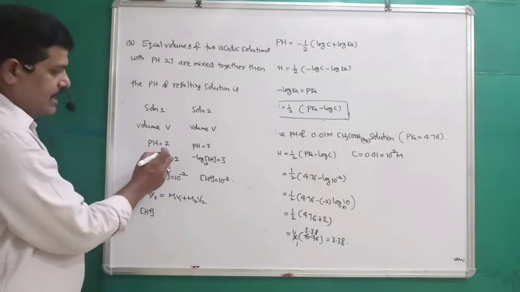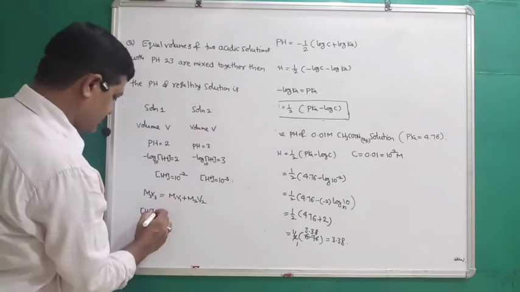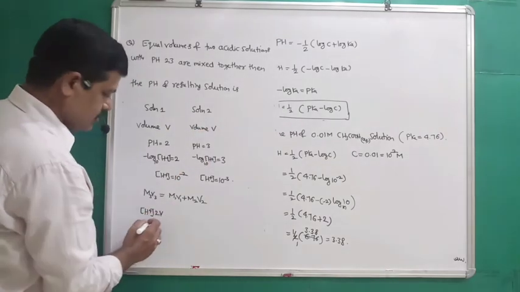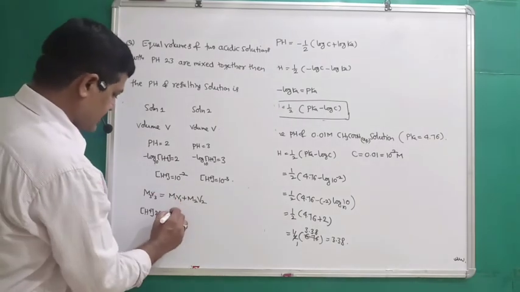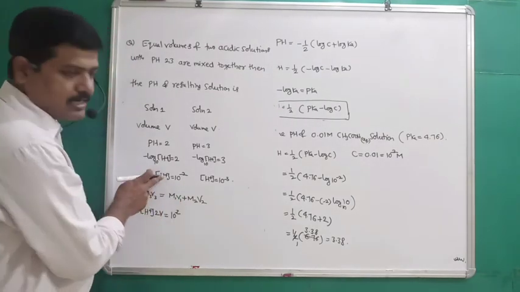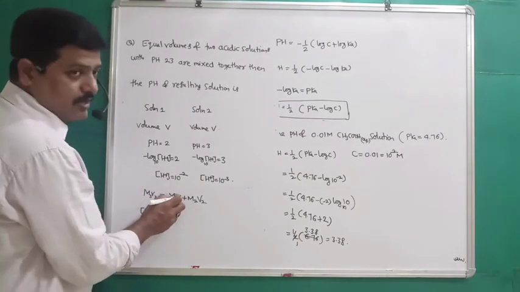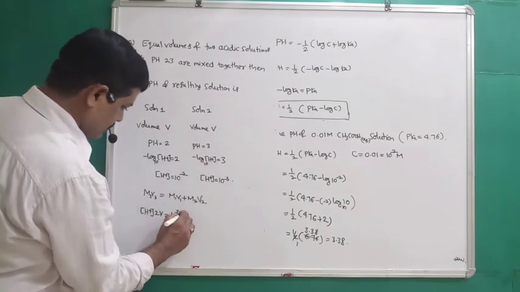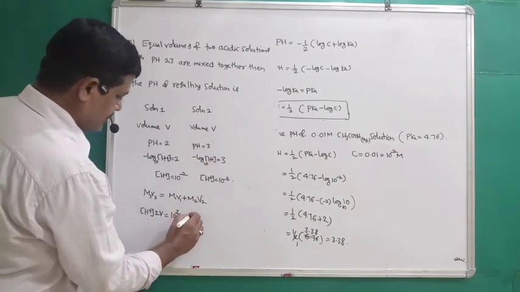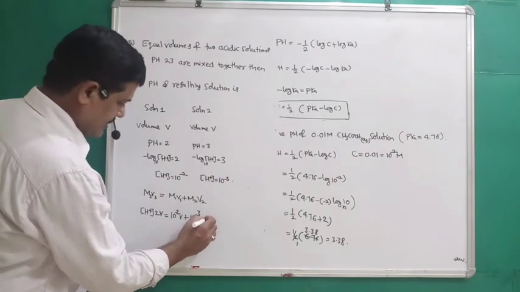V3, when we are adding volume V and volume V solutions, the total volume will become 2V, is equal to M1, which is 10 power minus 2, the concentration of H plus in the first solution, multiplied by volume V1, which is V, and V2 also equal to V. So 10 power minus 2 into V plus M2 value, 10 power minus 3 into V, right?